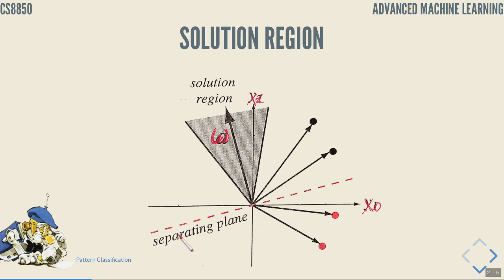So this separating hyperplane would separate those two classes, the black and the red, but only if our W vector, our normal vector to the separating hyperplane, is within that solution region. So that's good.